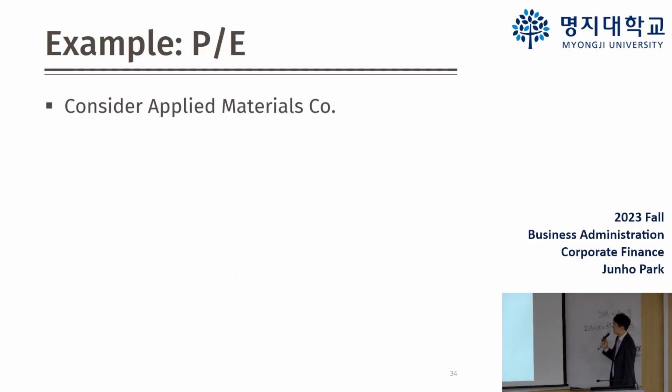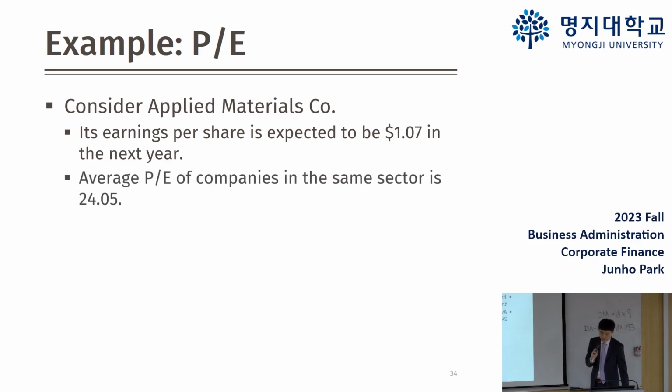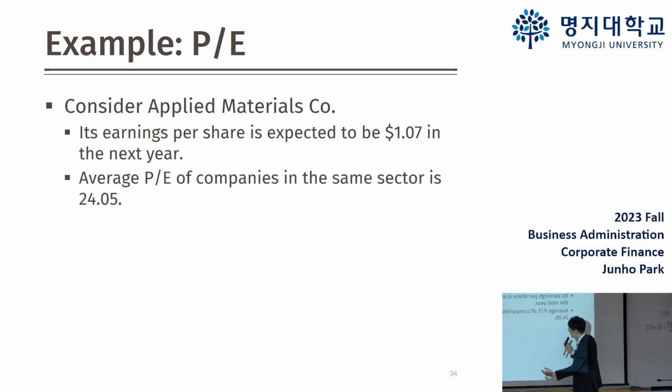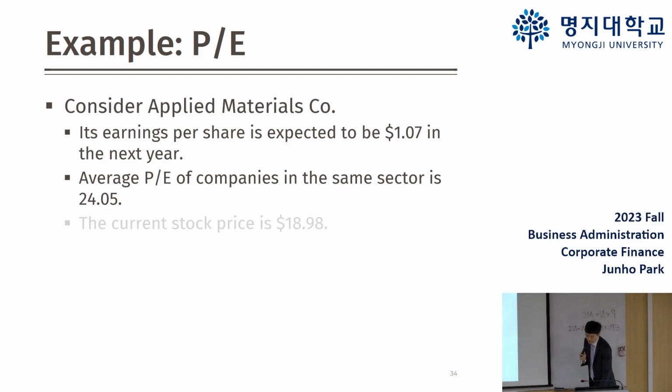So here is a company named Applied Materials, and its earnings per share is expected to be $1.07 in the next year. And the average PE ratio of the companies in the same sector, so these companies will be the benchmark, was found as 24.05, and currently the stock price of Applied Materials is approximately $19.